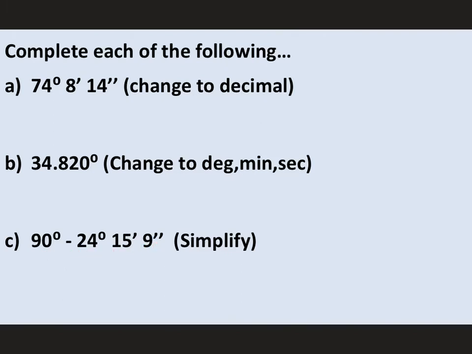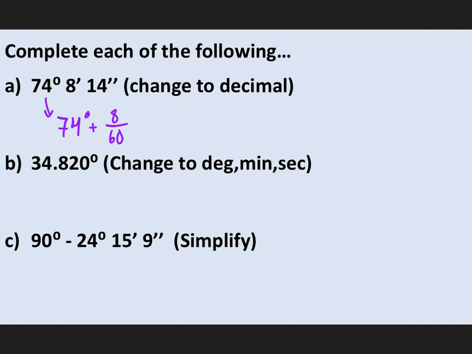Okay, so these are our conversion methods. This is something you need to pay really close attention to. This should be brand new for most people. All right, so 74 degrees, 8 minutes, and 14 seconds. What we're going to do is we're going to keep the degrees part. So there's still going to be 74 degrees. That's not going to change. But we have this 8 minutes. This 8 minutes is 8/60ths of a degree.